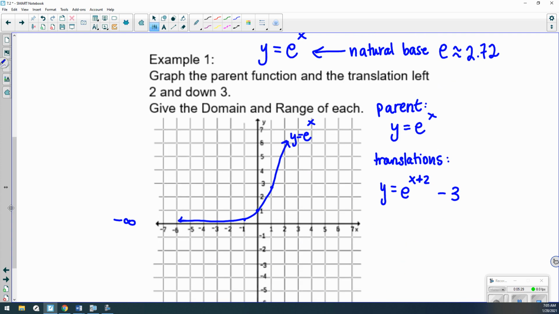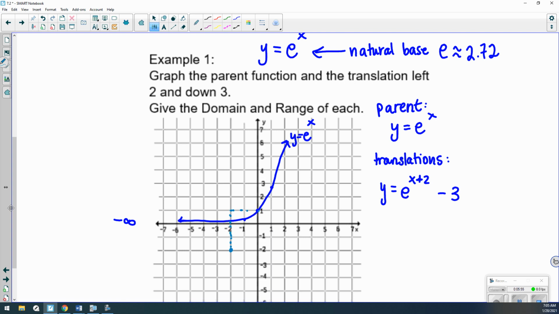Okay, so I'm just going to take this curve now. I'm going to do it in a different color. How about maybe something a little lighter blue? Left 2 and down 3. So I'm going to start at this point, and I'm going to go left 2, 1, 2, down 3. That puts me right here. Now I'm going to take this point, and I'm going to go left first.